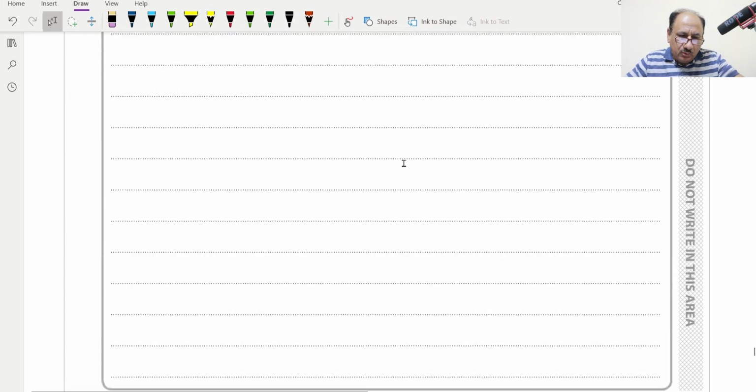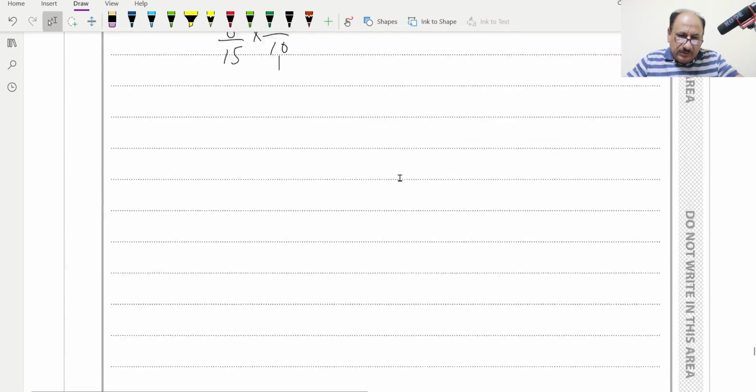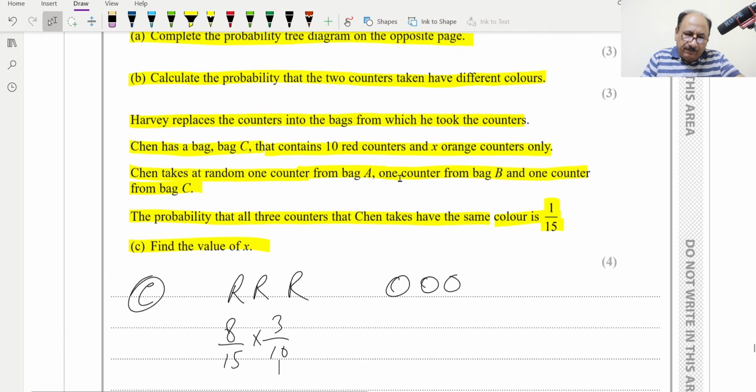If we go through the question, it is saying that Harvey replaces the counters into the bags from which he took them. Chen has a bag C that contains 10 red counters and X orange counters only.